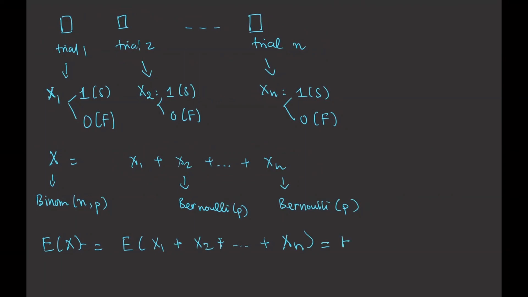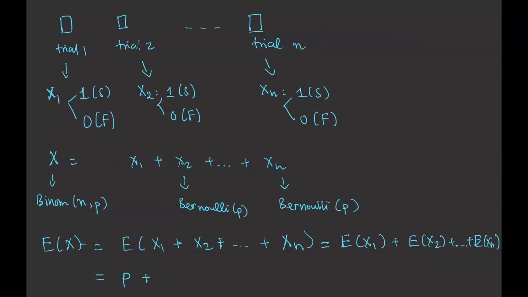And I have the expected value of x1 plus the expected value of x2 up to the expected value of xn. And what is the expected value of x1? We have x1 is a Bernoulli random variable with parameter p. So the expected value of x1 is just p because we just derived it for the Bernoulli distribution.